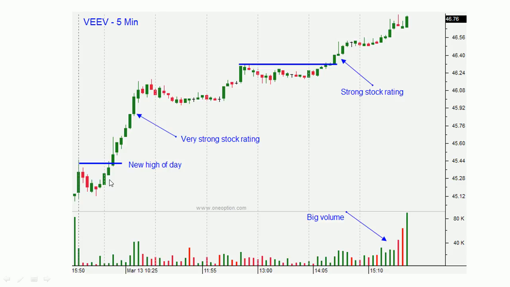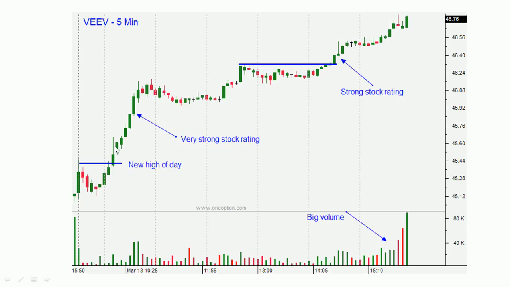Now when I talked about nice, tight trading patterns, folks, this is what I'm talking about. There's no herky-jerky, up, down, up, down, up. No, boom, boom, boom, boom, boom. When you see a pattern like this, there's a very, very good chance that this stock is going to continue to move higher throughout the course of the day.